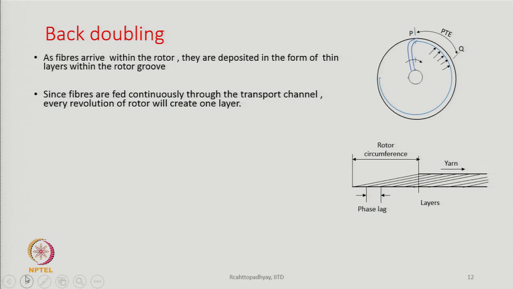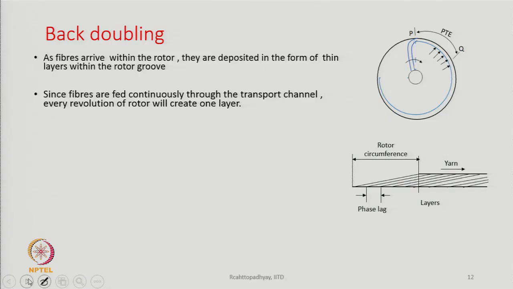So, doubling is also happening within the rotor, because layers after layers are falling on each other, and therefore, there is a doubling action also. So, this doubling action in a way will improve the uniformity of the layers of fibers which are there, the uniformity of the mass per unit length of the yarn.